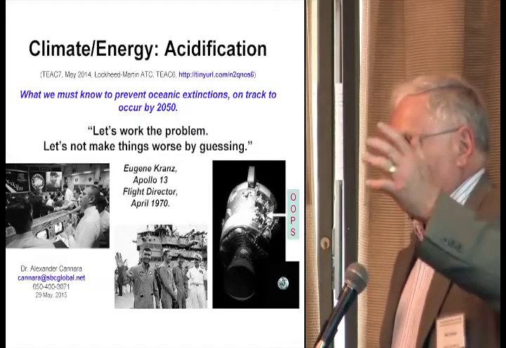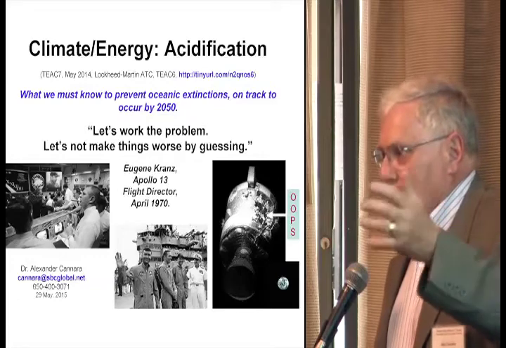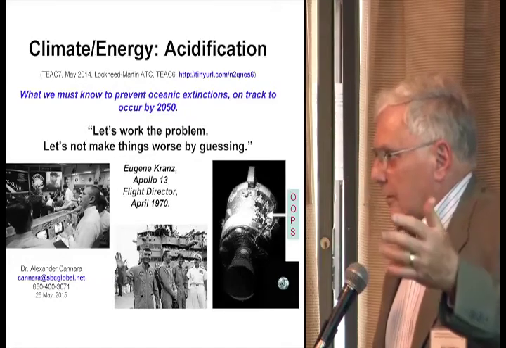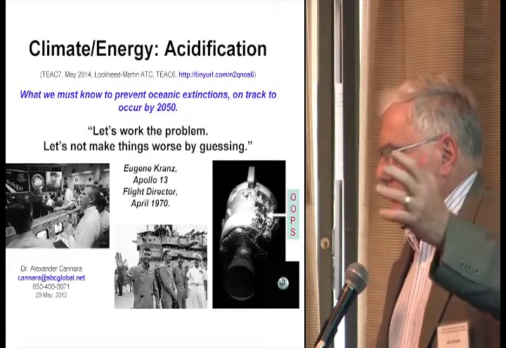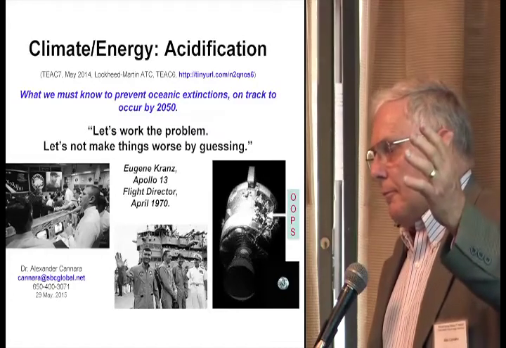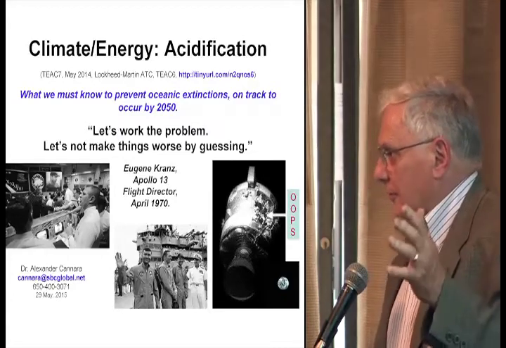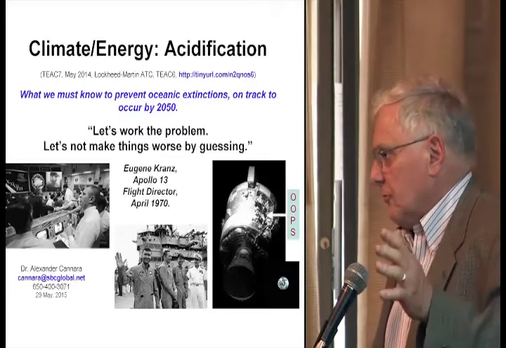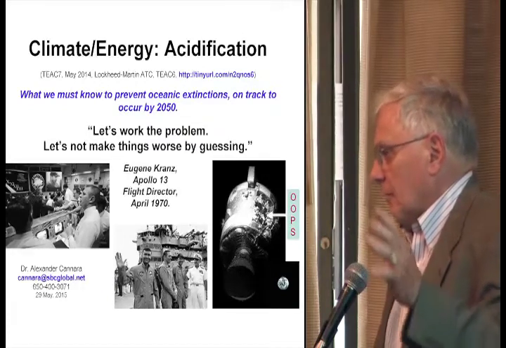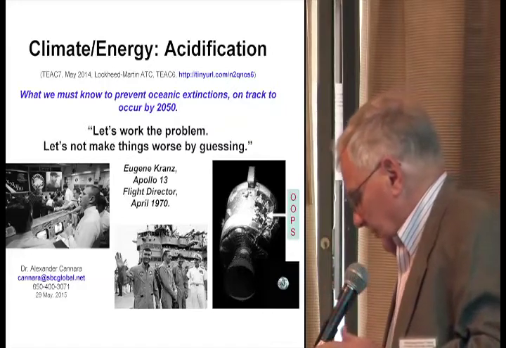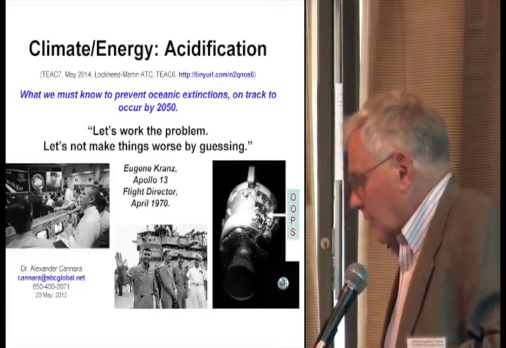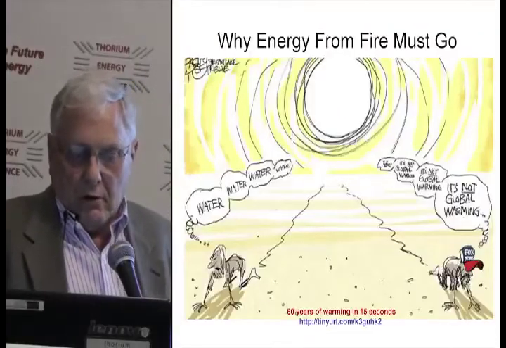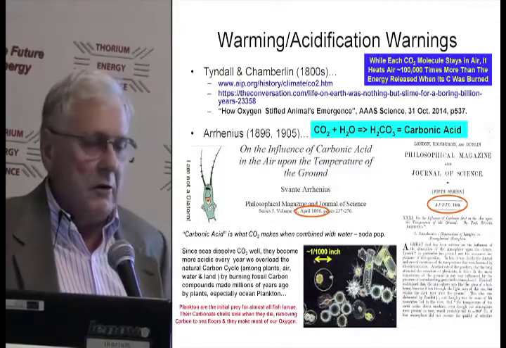Now, some things may move around when situations change environmentally, as we saw in Dan's example. But if you change things enough, there's no movement of species sufficient for them to survive. And that's the era that we're entering right now in the oceans. So I'm going to whip through this first part.